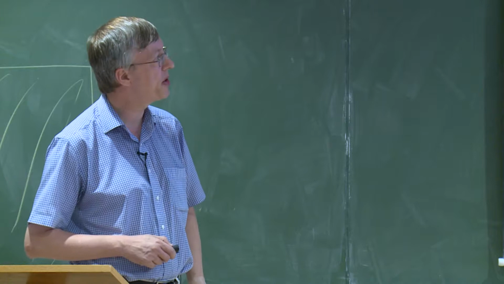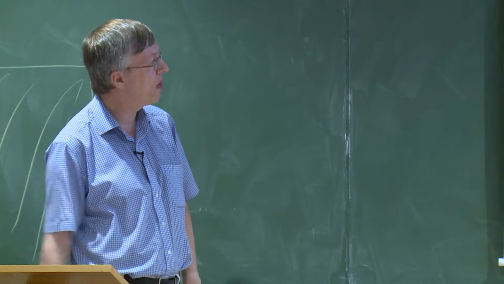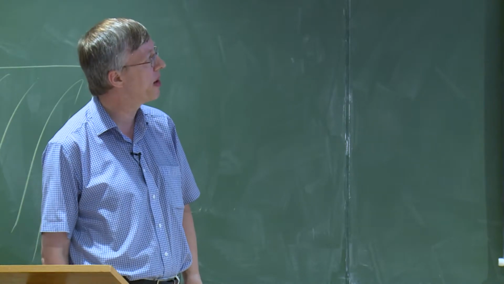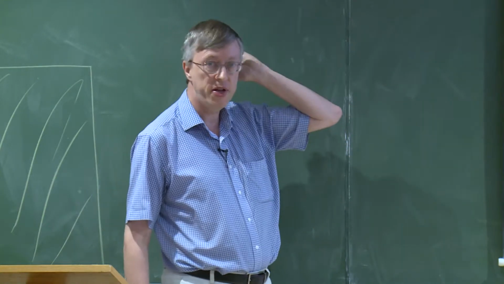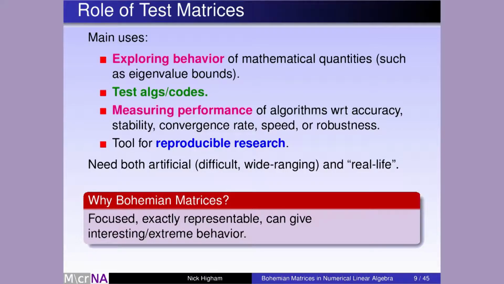So test matrices, when Bohemian, are particularly interesting. And some of the things we're using test matrices for generally in numerical algebra is exploring the behavior of mathematical quantities. It's for testing algorithms and codes to see how they perform, measuring the performance, which might be speed, accuracy, whether they converge if it's an iterative method, and also reproducible research.